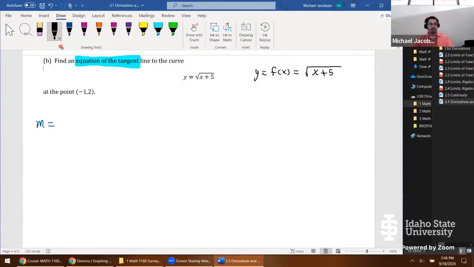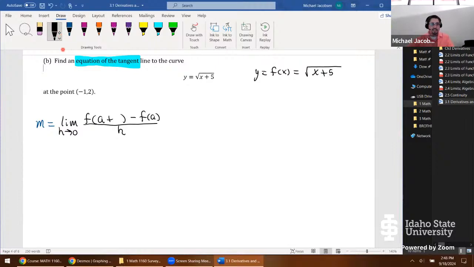It's a limit, so definitely write this down. Limit as h goes to 0. This is a formula that comes up in different settings, so we'll have to use it a lot on exam 2. f of a plus h minus f of a all over h.